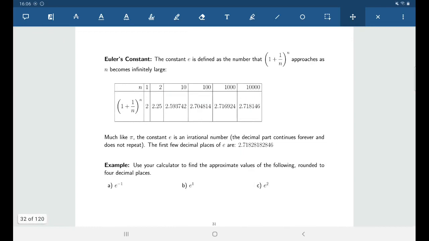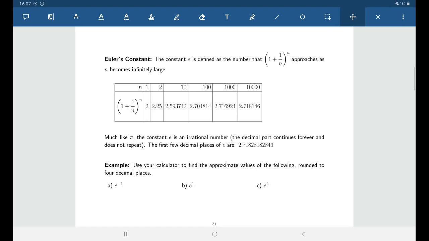All right. One other thing to introduce here, and this is something that will play a role throughout the rest of this course, is a mathematical constant called Euler's constant. Euler was a famous German mathematician, and Euler's constant is a number that shows up in a bunch of locations in mathematics, in a bunch of applications.